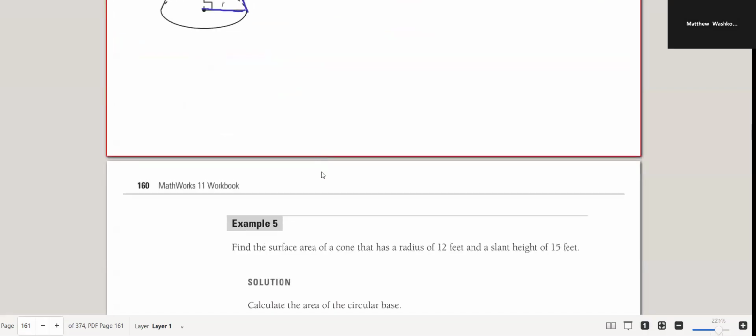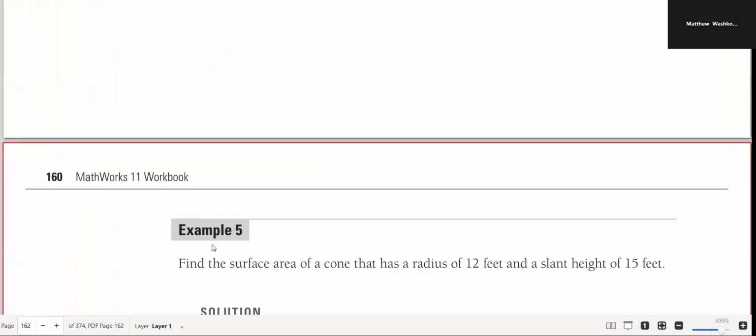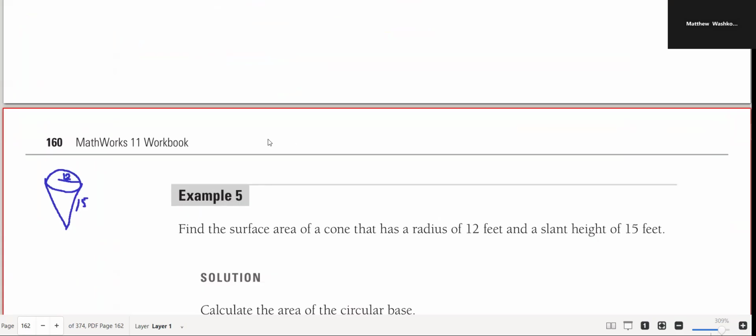All right. So question 5. Find the surface area of a cone. Here's my lovely cone with a radius of 12 and a slant length of 15. Notice how I'm drawing it. Now the solution's right there. So my area here is pi times radius times slant length.